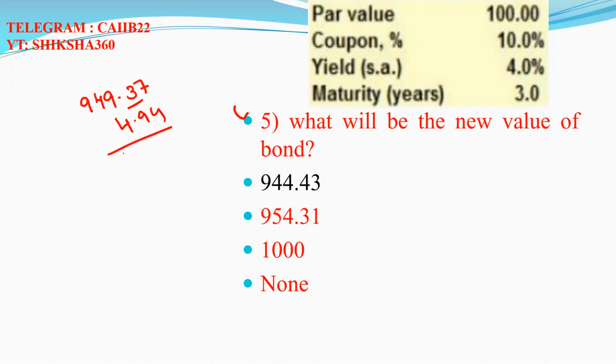If we subtract 4.94 from this, we get the new value of the bond. So the answer to question number 5 is option A, 944.43. This is the new value of the bond.